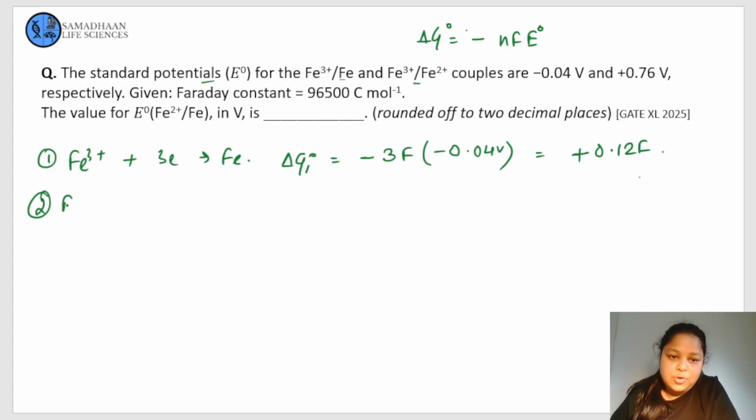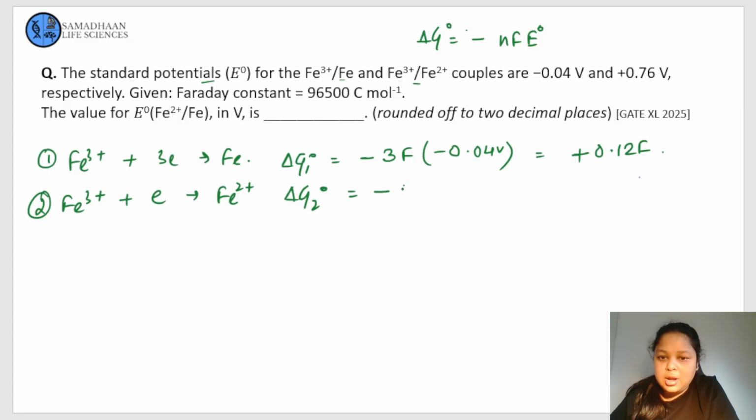The second system we have here is Fe3+ plus a single electron to form Fe2+. So delta G2 will be minus n, which is 1, so F into plus 0.76 volt.